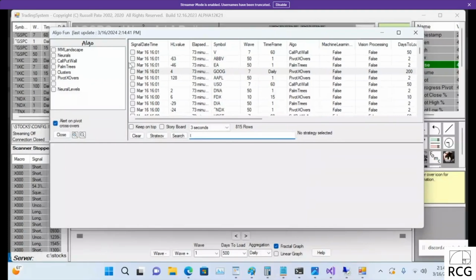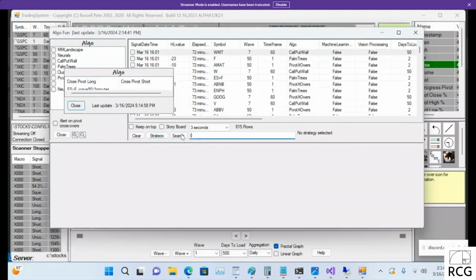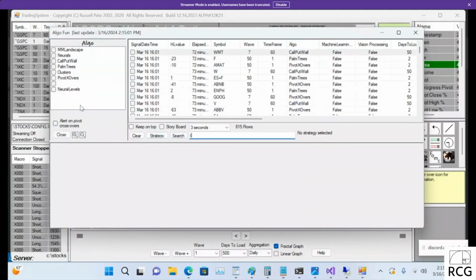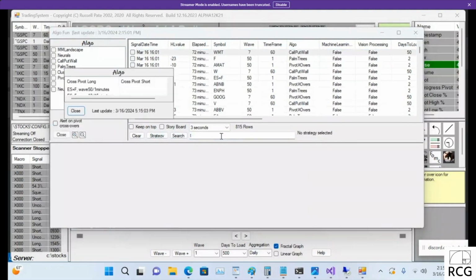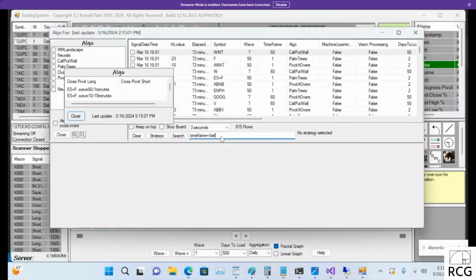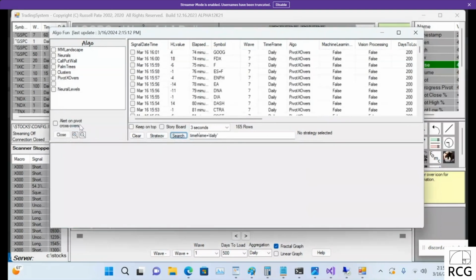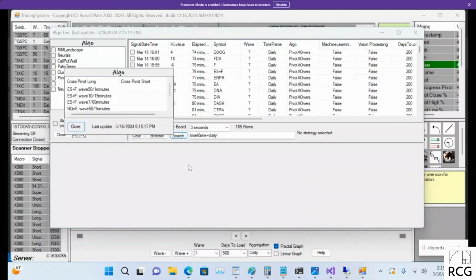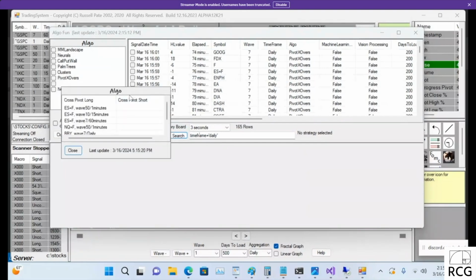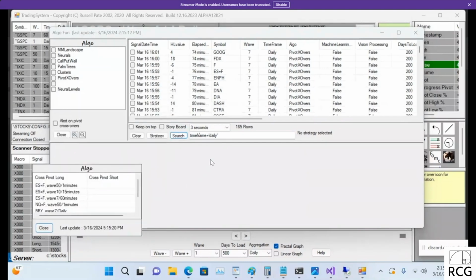Following 35 stocks just crossed the pivot line to the long side. ES equals F, wave 50 1 minute. ES equals F, wave 10 15 minutes. ES equals F, wave 7 60 minutes. NQ equals F, wave 50 1 minute. BBY, wave 7 daily. AAPL, wave 7 60 minutes.